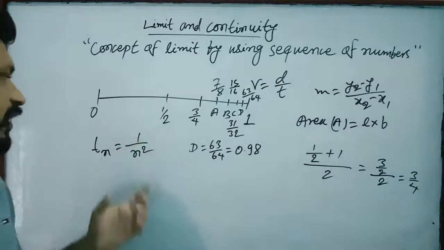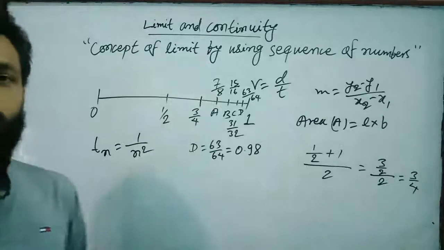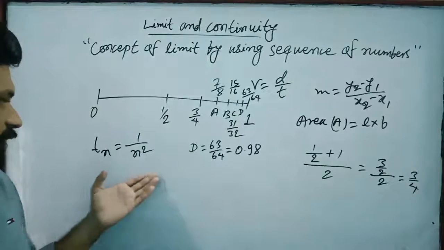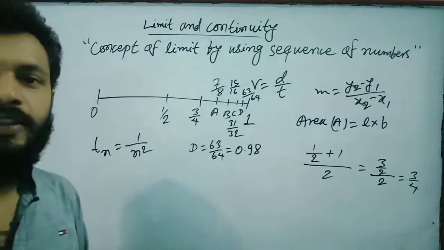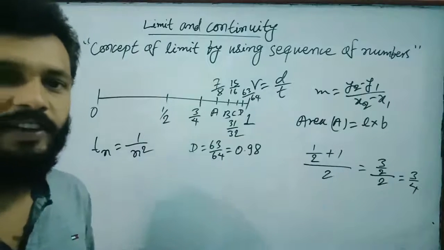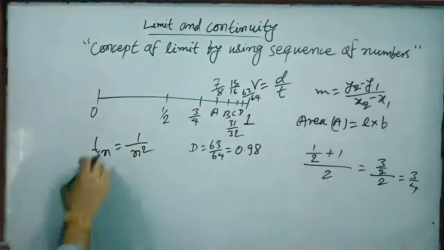Tn equal to 1 upon n square is the nth term of a sequence. So can you find the first 6 terms? I think you can find. Okay, so let's go to find here.